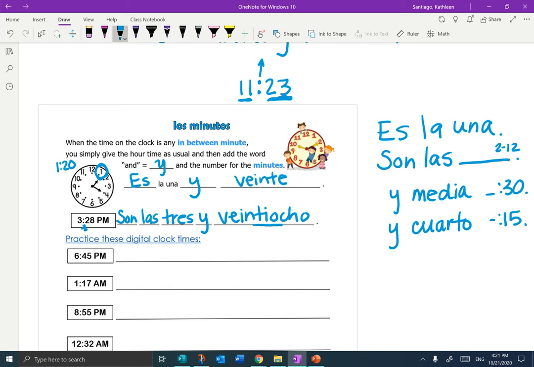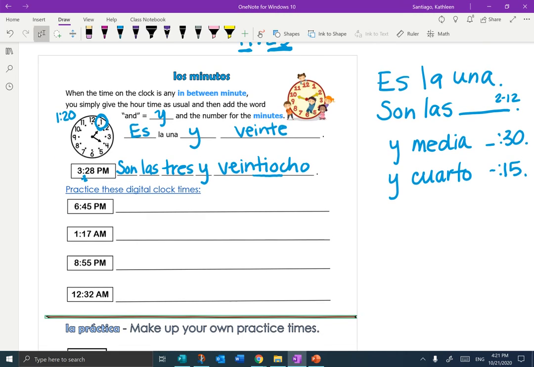All right, now we have a couple of digital practices here. I'll do the first one with you, and that will leave you 3 to do on your own. Okay, and then the bottom ones we'll get to. So let's practice these digital clock times. So remember to take it in pieces. First say before the colon, it is 6. When I get to the colon, I say E, and then I just say the number of minutes afterwards. So let's start with this one. So son las 6.